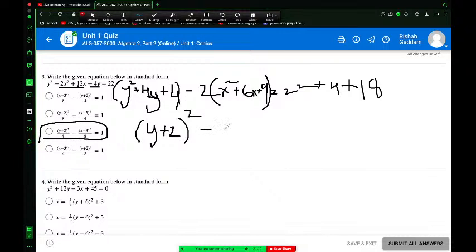And we have minus 2 times x plus something, squared. So we have to have a factor of 9 that also adds to equal 6. 9 times 1 is 9, but 9 plus 1 is 10, not 6.